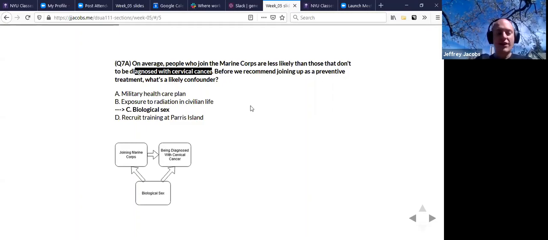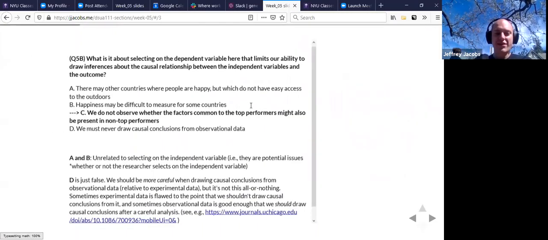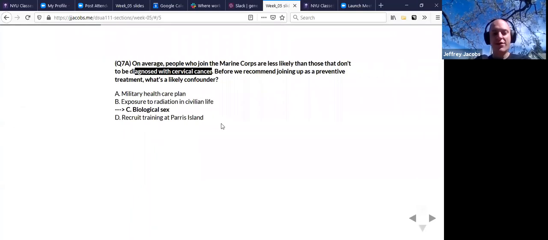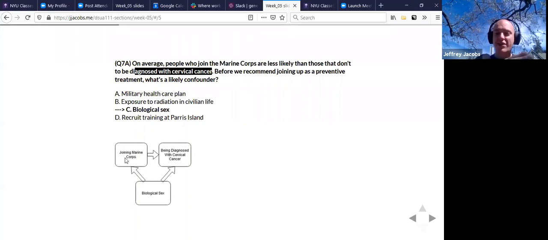Given our definition of confounder from this slide, we have identified our independent variable and plugged it in there, and identified our dependent variable and plugged it in there. Now we want to take these choices and see whether they would make sense. Would there actually be a causal effect going from the confounder to both the independent and the dependent variable?